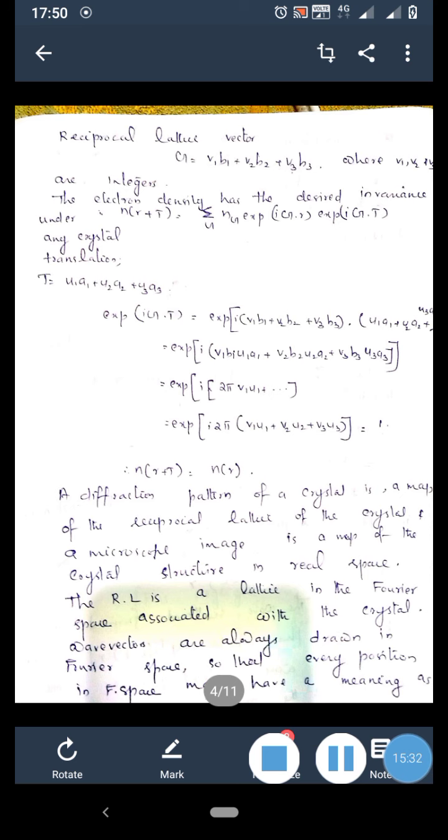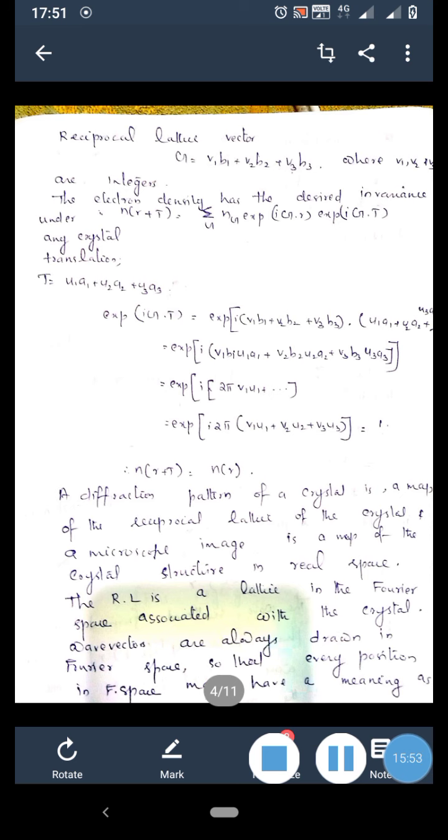So every crystal is associated with two types of lattice: the direct lattice and the reciprocal lattice. What we get from the diffraction pattern is an image of the reciprocal lattice, which we can easily convert into the direct lattice in order to obtain the real nature of the crystal.